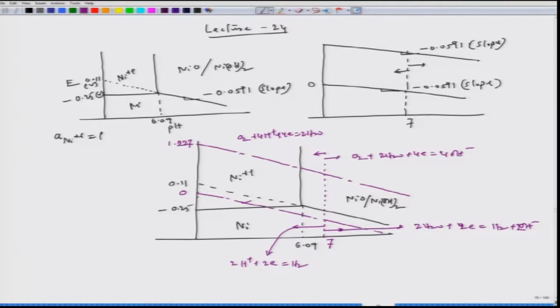Now, we know the regions in nickel system, Ni++, Ni and NiO or Ni(OH)2, but we have to also see the regions. This is 1.227 volt, this is 0 volt, this is 0 volt. We have to also see that on the right side, for example, if we consider this particular pH, right side of it and left side of it, what are the phases that could be stable or that would be the spontaneity.